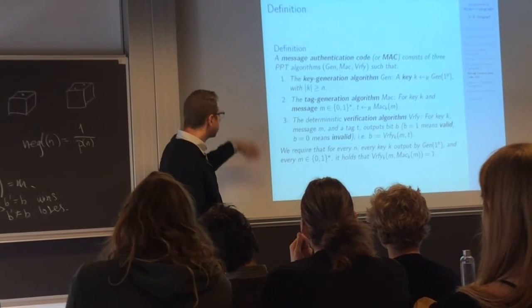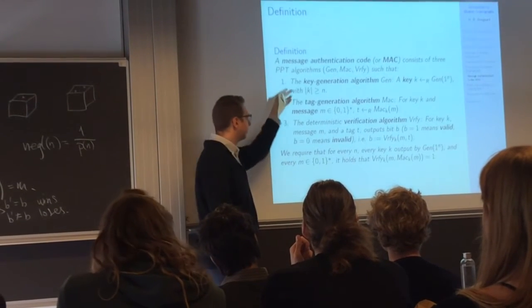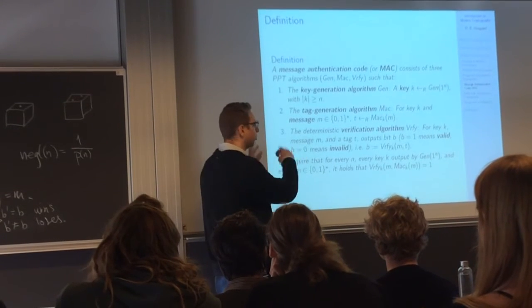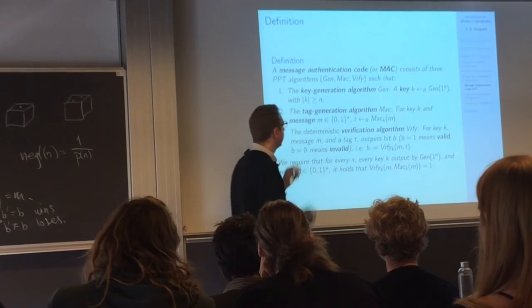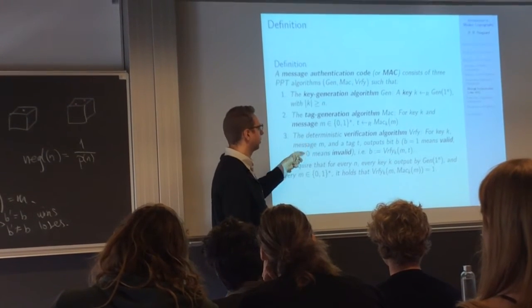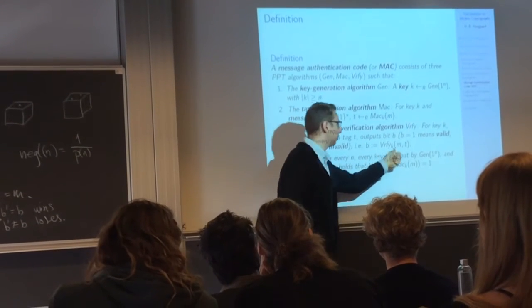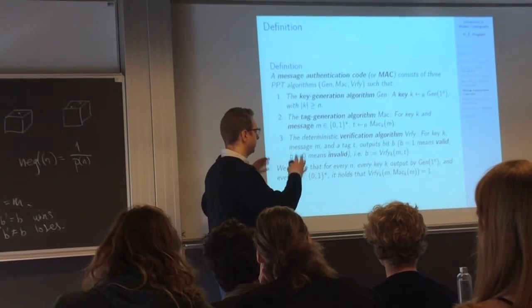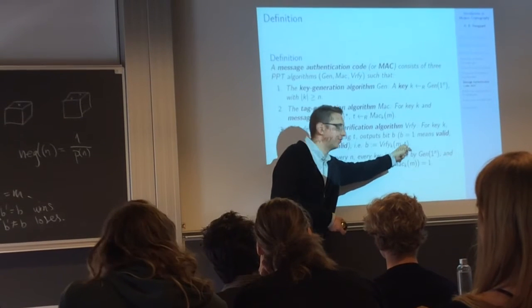And it works slightly like encryption. You have this key, but then you have this tag generation algorithm. It's also basically a ciphertext, but not really. And then we have a verification algorithm instead of a decryption one, which says whether, given a message and a tag, it is correct, whether it really is you.